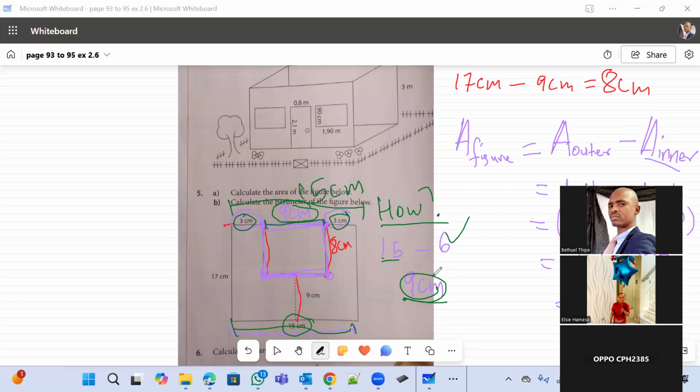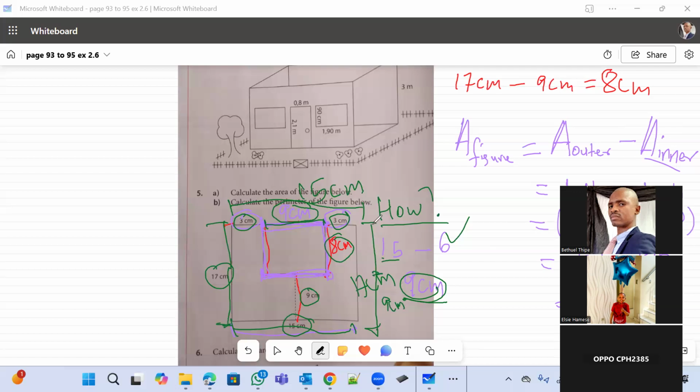Then we got what again? 8 centimeters. And 8 centimeters is 17 minus 9 from the inner area. Because this distance is also 17 centimeters, we know that from here to there is also 9 centimeters.